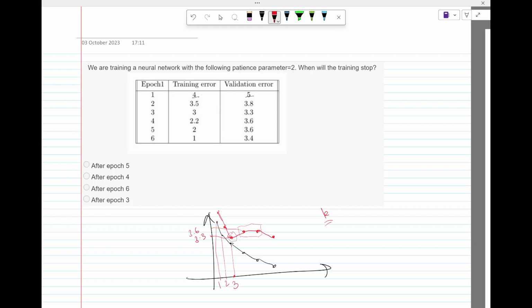So you waited two more epochs, and in the second epoch what you saw was that the validation error did not go lower than 3.3. So because it did not go lower, you stopped. So when will the training stop if your patience parameter is equal to 2? From 3.3, you waited two epochs, so it will stop after the fifth epoch. So the correct option is after epoch 5.